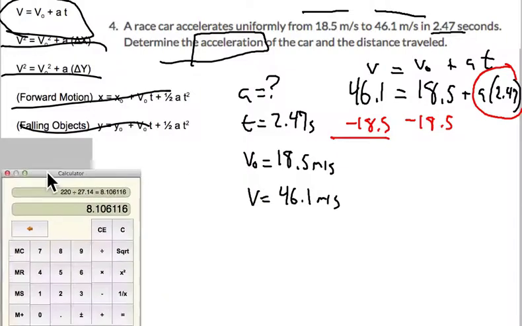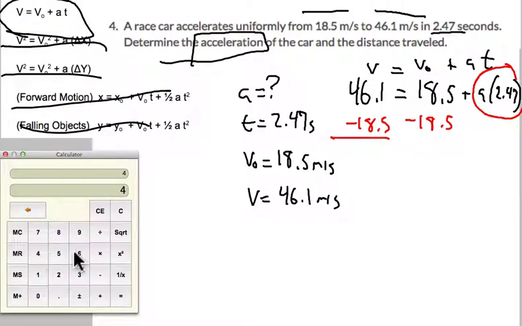Let's see what we get over here. 46.1 minus 18.5 equals 27.6 equals acceleration times 2.47.